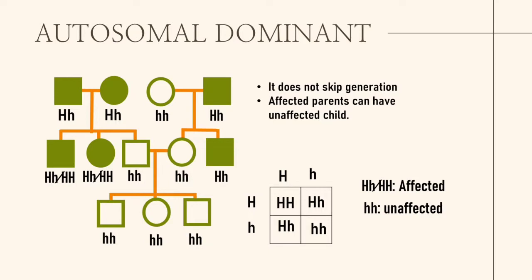So, always remember na yung crosses or yung pedigree na nandito sa ating kaliwang side, basta meron kayong nakitang square, that is the side of the father. And the next naman, yung nandito sa kanan na side, that is the side of the mother. Okay?